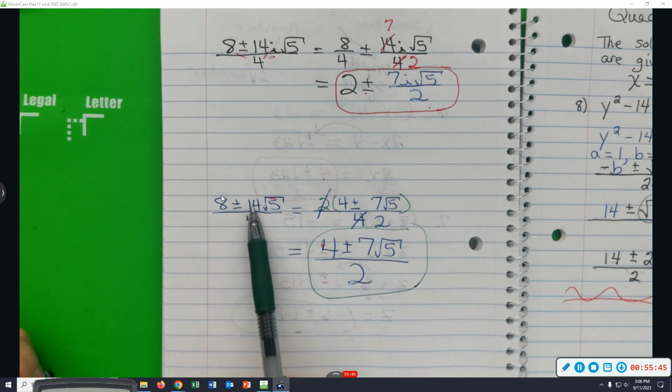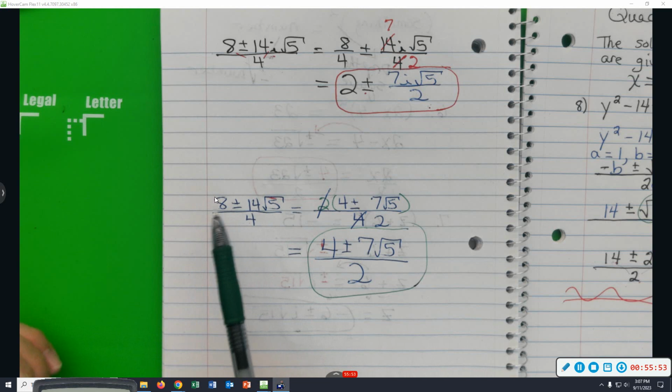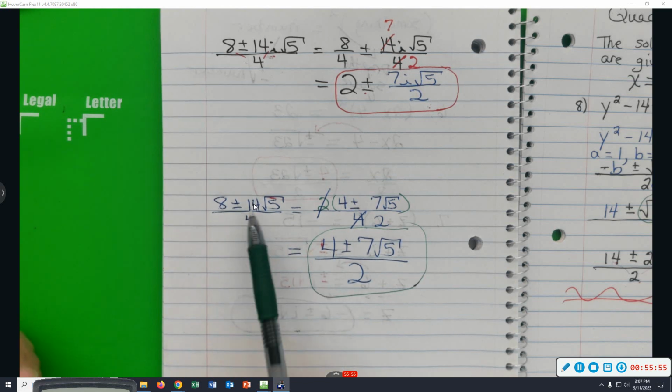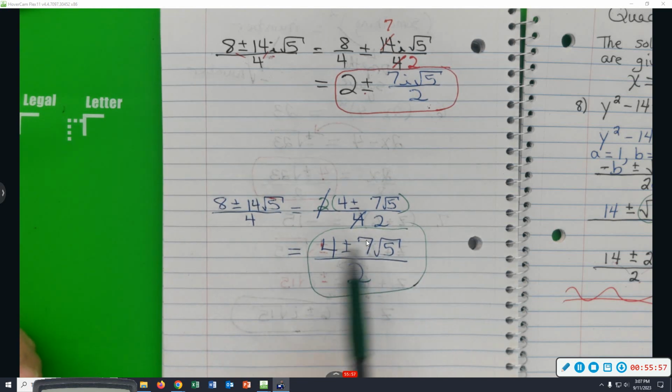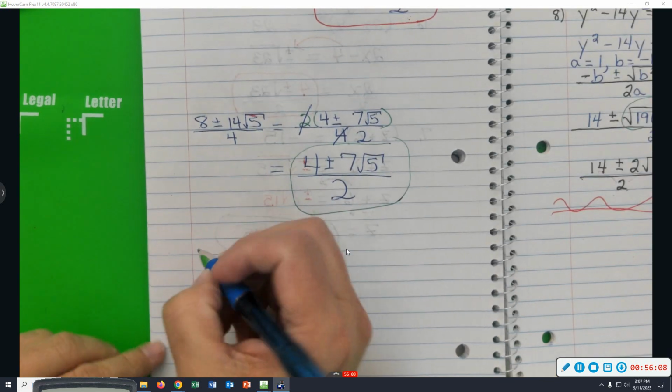If there's no i on top, look at the numbers outside of the radical. What number divides evenly into 8, 14, and 4? 2. 8 divided by 2 is 4. 14 divided by 2 is 7. 4 divided by 2 is 2. Any questions there? One more.